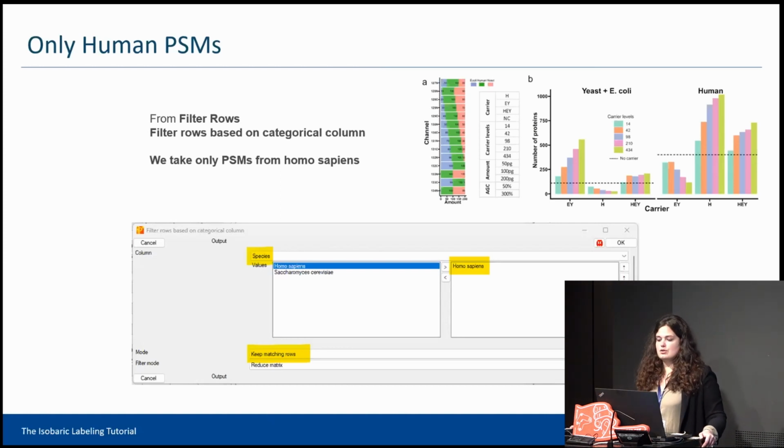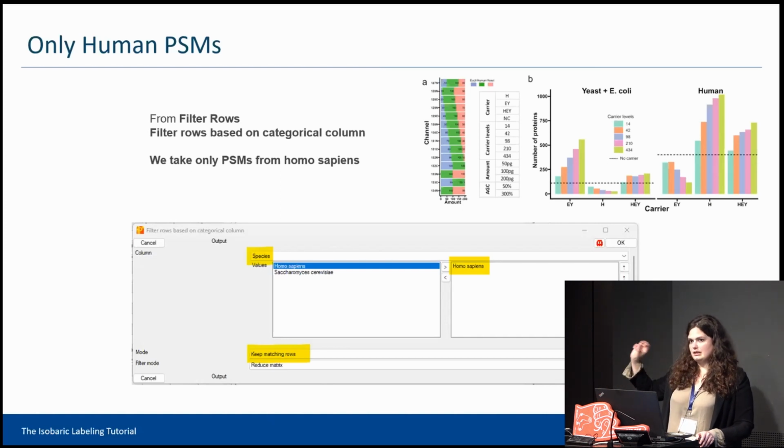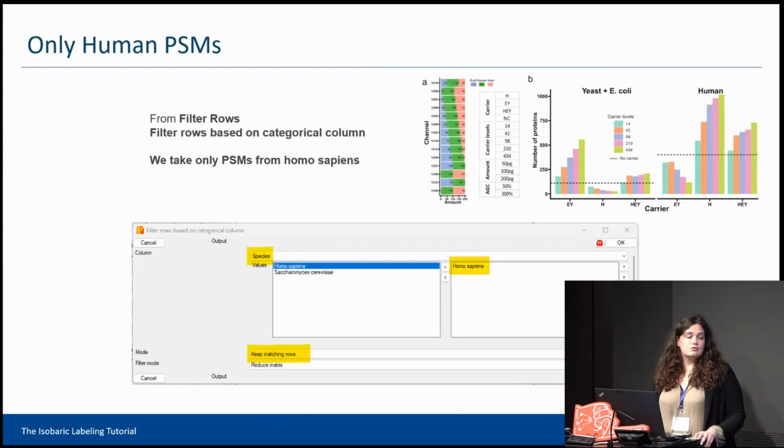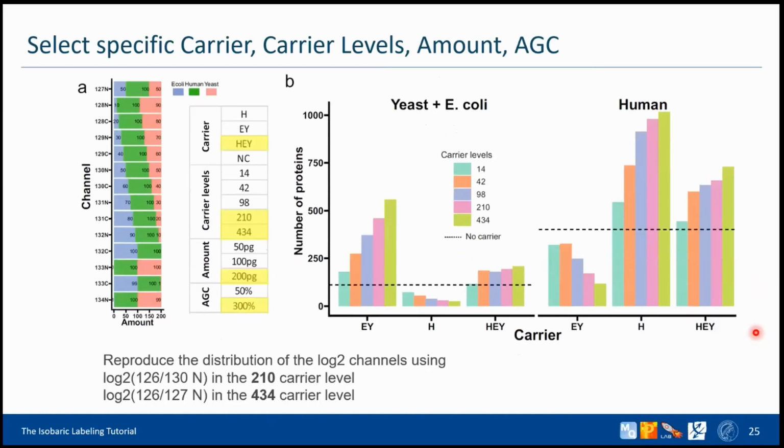For us, following our experimental design, reading the paper, and checking exactly this difference across comparing the raw and corrected, we decided to go for this tutorial taking only the Homo sapiens. And specifically, for now we have only the human Homo sapiens, but we will also take only specific channels in a specific carrier level.